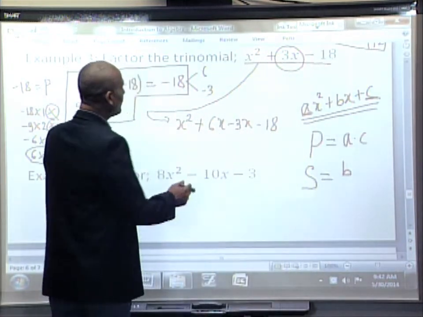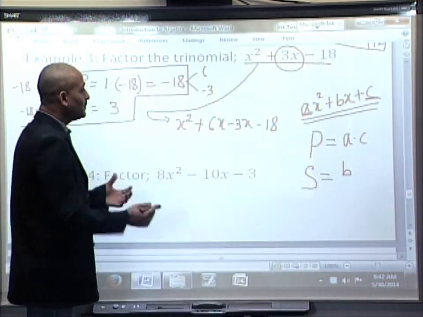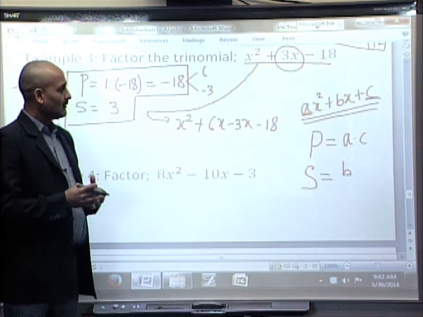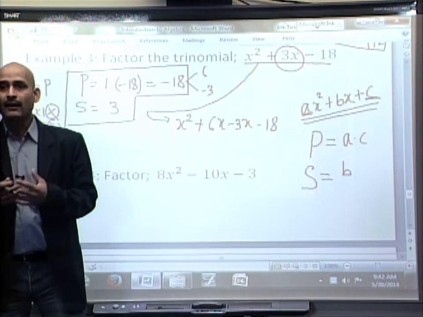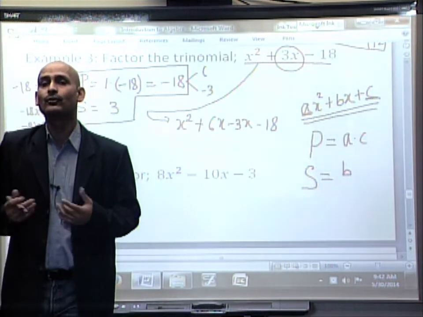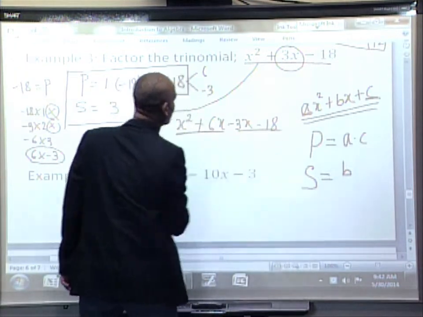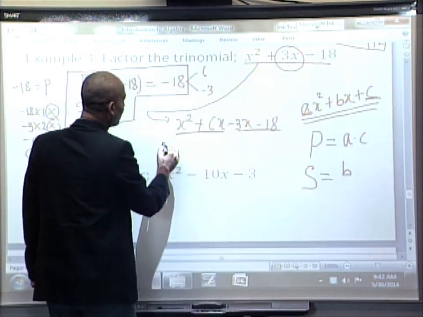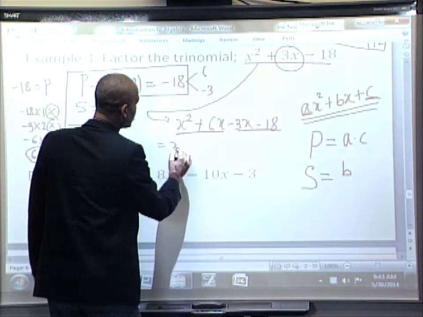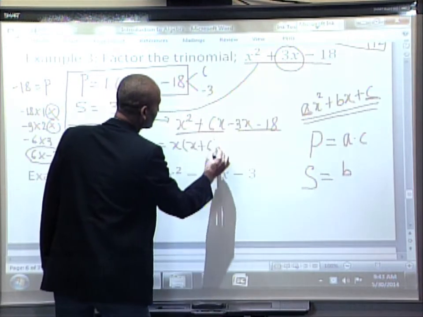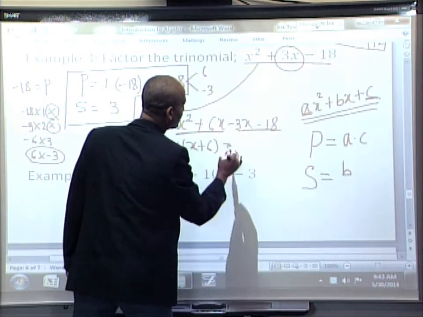Now we use the technique of factoring by grouping. I make a group of the first two. This is one group, this is another group. Take the largest common factor in the first two, which is x, and x plus 6. Take the largest common factor in the second two.